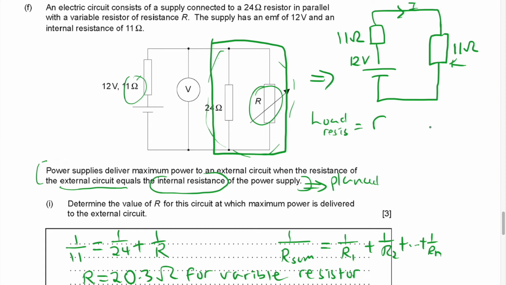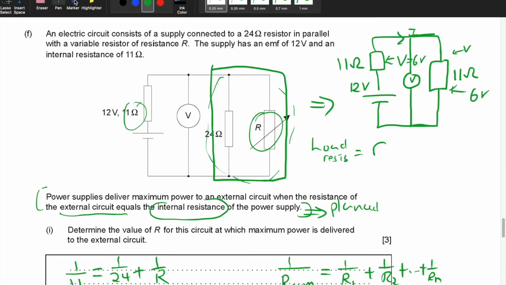Because they have the same current and the same resistance, they're going to have the same voltage. So here is going to be 6 volt, and here will also be 6 volt, right? So the voltmeter here will read the voltage over here. So it's going to give us the answer of 6 volt.